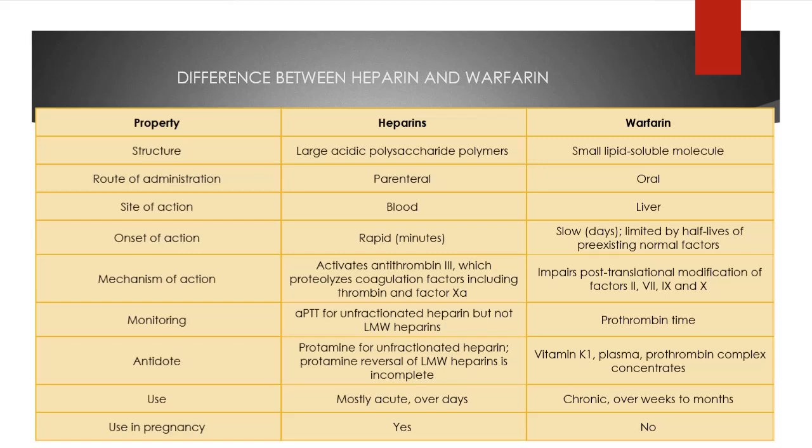For warfarin, vitamin K is the antidote. Also, FFPs are given in warfarin toxicity. Heparins are used in acute cases, whereas warfarin can be given chronically, that is, over weeks to months. Heparins are safe in pregnancy, but warfarin is contraindicated in pregnancy.